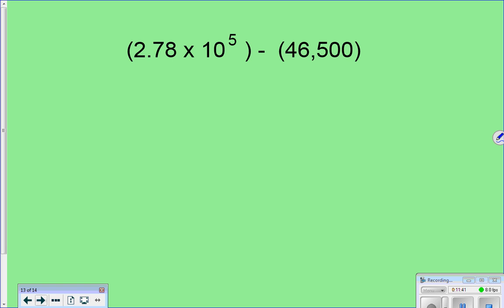All right, try that one. What do you got to do with that 46.5? Make it into scientific notation, and then you can go ahead and do what you need to do.